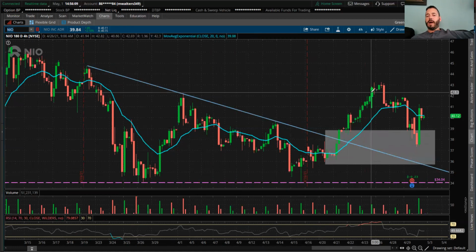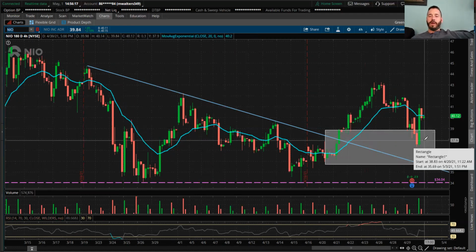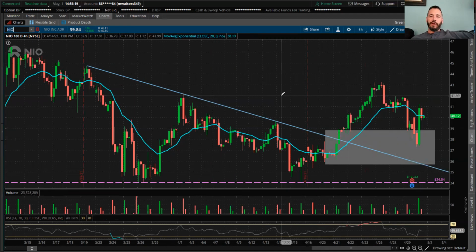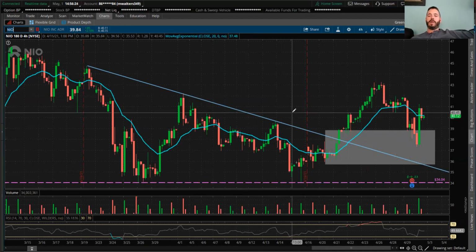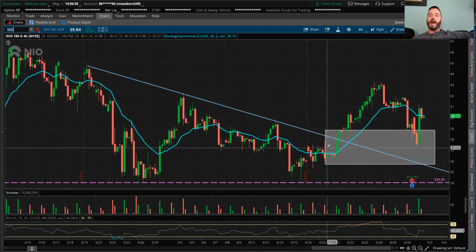Once you get the breakout, do not get FOMO. I cannot stress this enough. Wait for the retracement. The retracement will always happen. Things do not just go straight up without ever coming back.